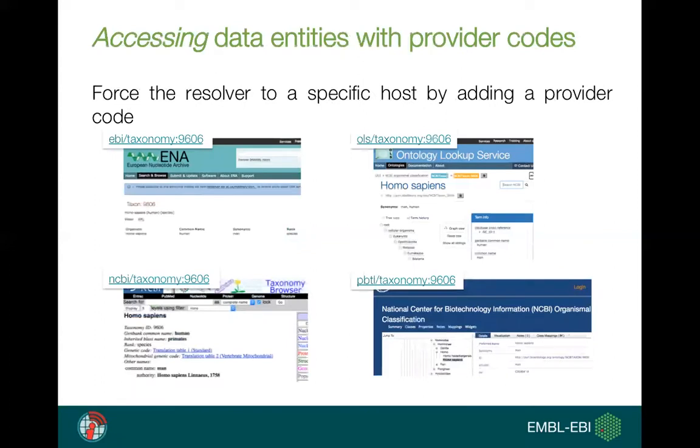And if you want to access individual resources, you could also force our resolver by adding the provider code. So for example, if you want to go to OLS, then you go OLS/taxonomy:9606. So OLS is the provider code to identify the Ontology Lookup Service.